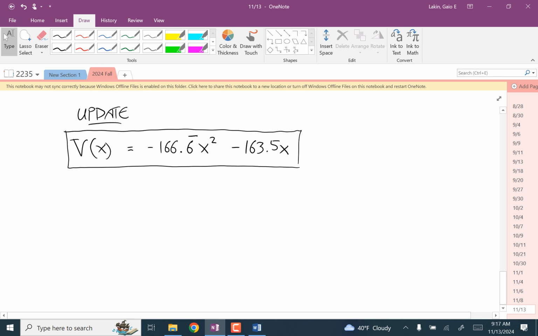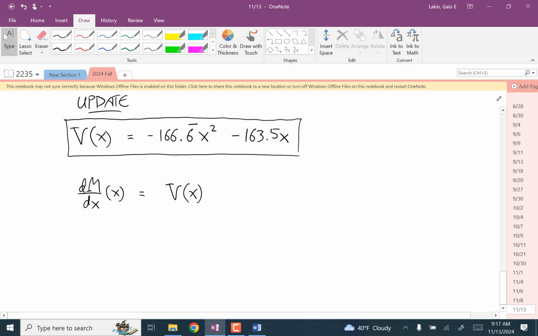We're going to use the fact that we know dM/dx as a function of x is equal to V. And so we can rewrite this as M as a function of x is the integral of V dx.